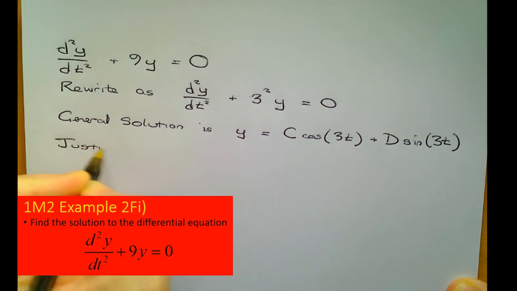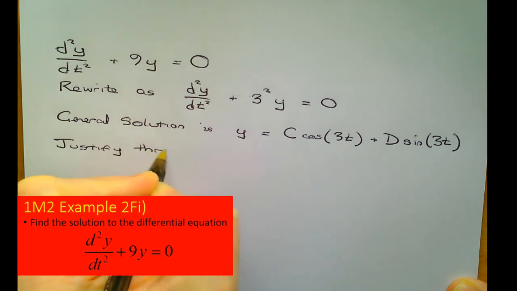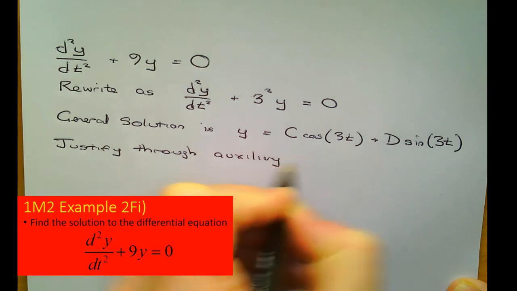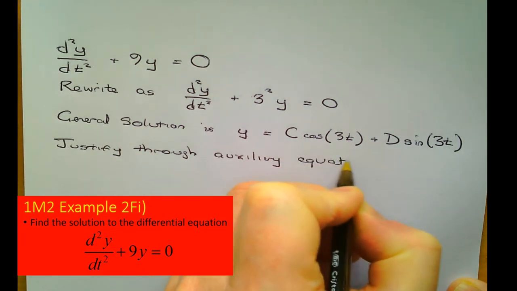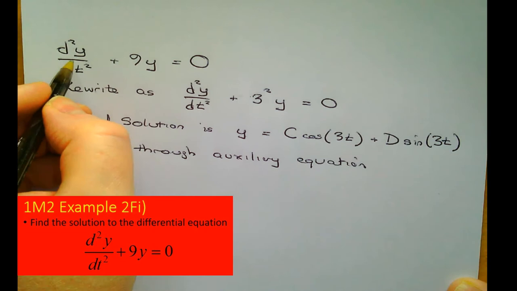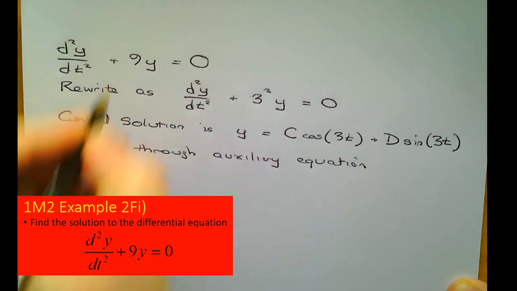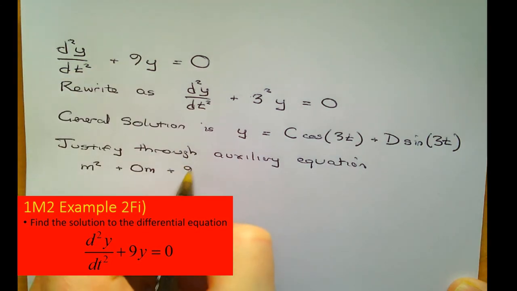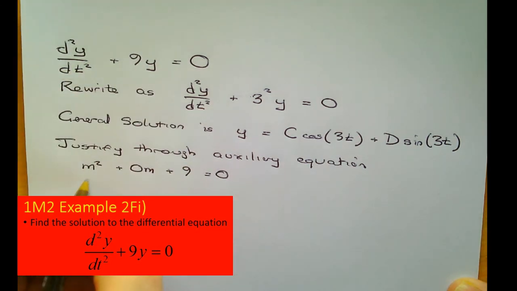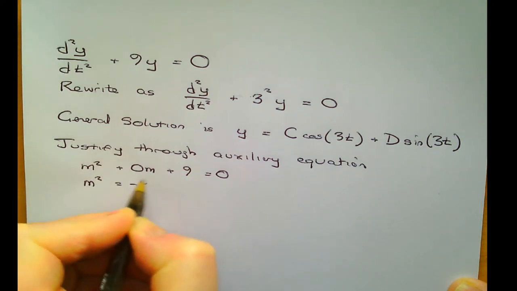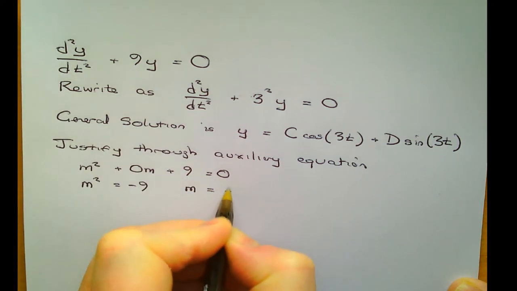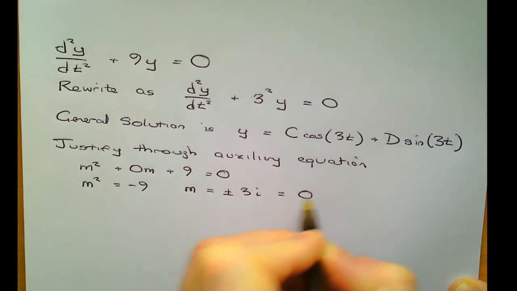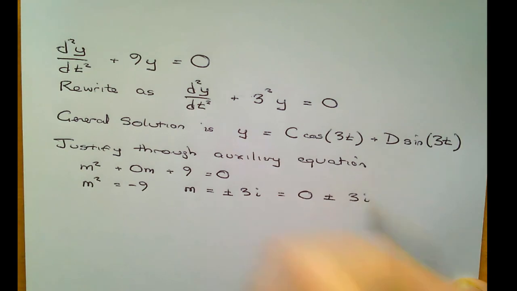Let's try to justify it through the auxiliary equation. So we'd get m squared plus 0 times m plus 9 is equal to 0, or m squared is minus 9, so m is plus or minus 3i, and indeed let's write this as 0 plus or minus 3i.